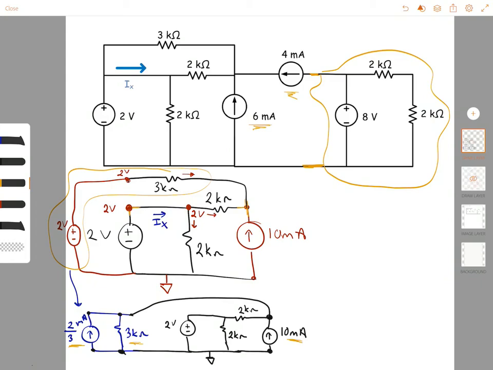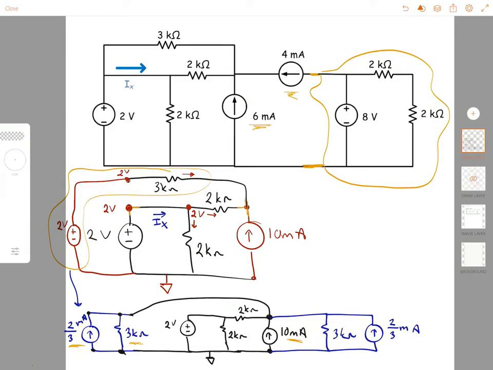So in other words, what I can do is I can redraw my circuit here, 3 kilo ohms and 2/3 milliamps, and erase what I had drawn on the other side, and I still have the same equivalent circuit.